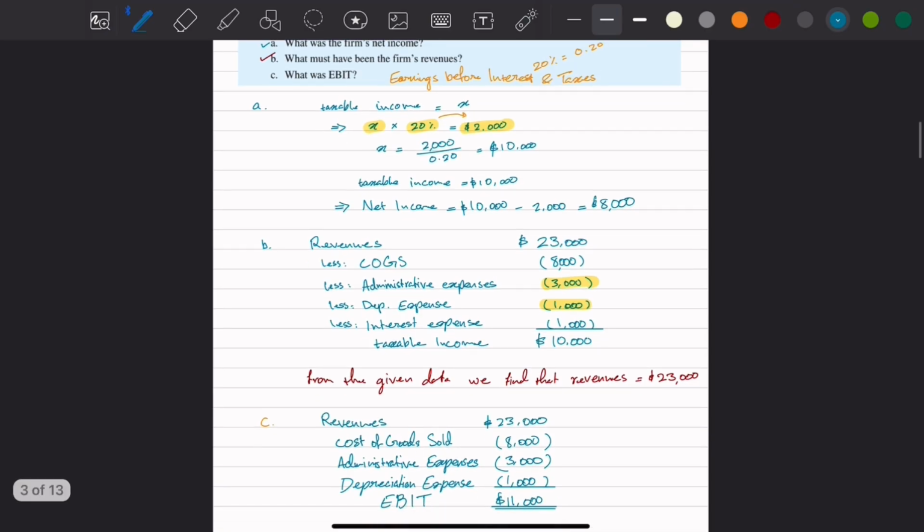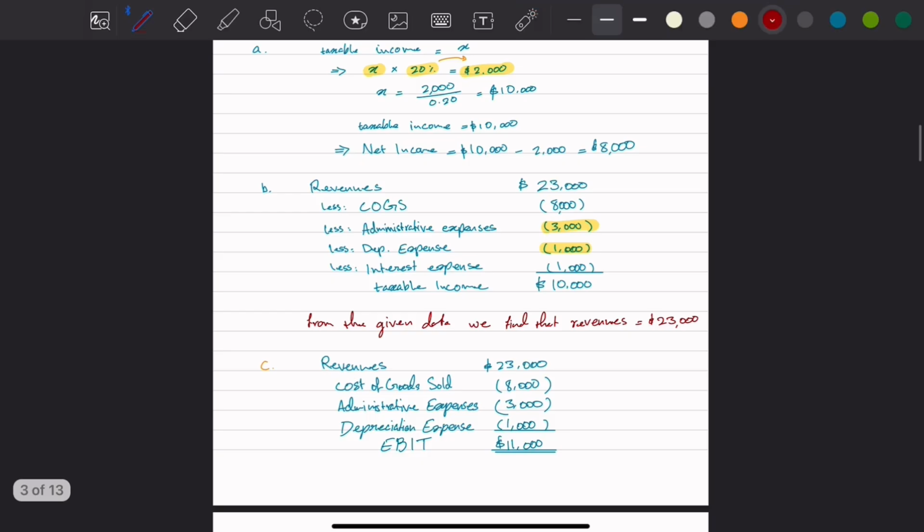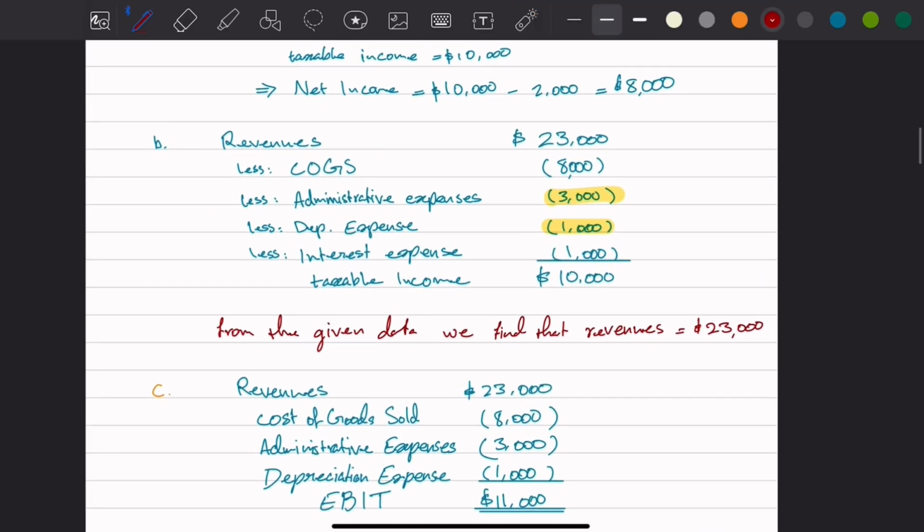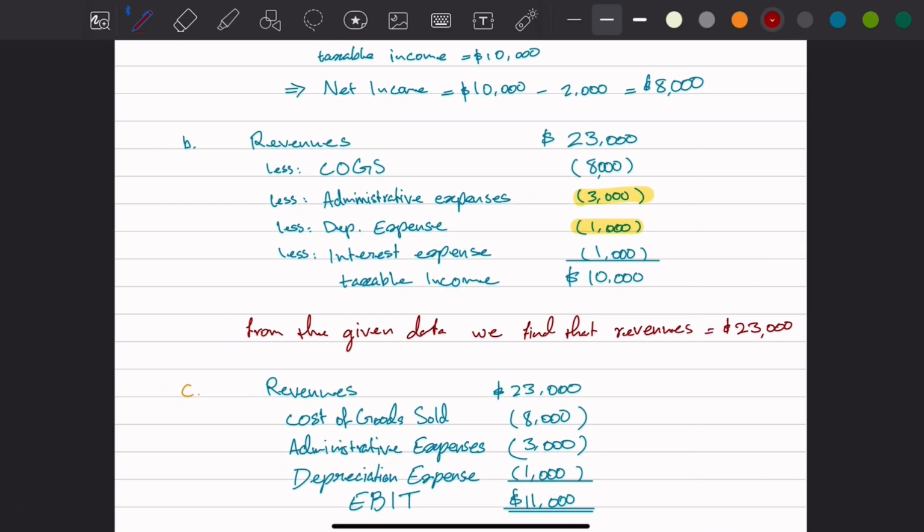So if I want to, for example, finish this simplified income statement we created here, we're going to add, this is not really necessary, but you can add the income tax paid. This is the taxable income, and then we're going to deduct the amount of tax paid, which is 2,000, and that will give us the net income, right?